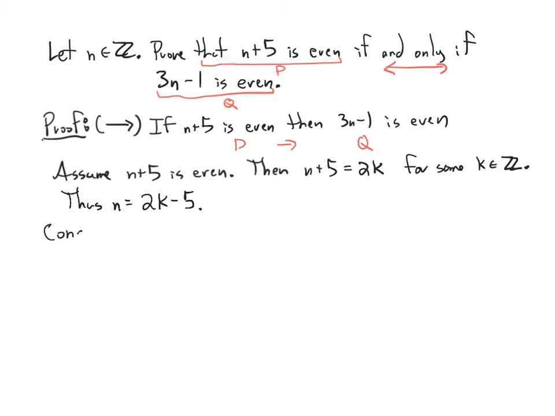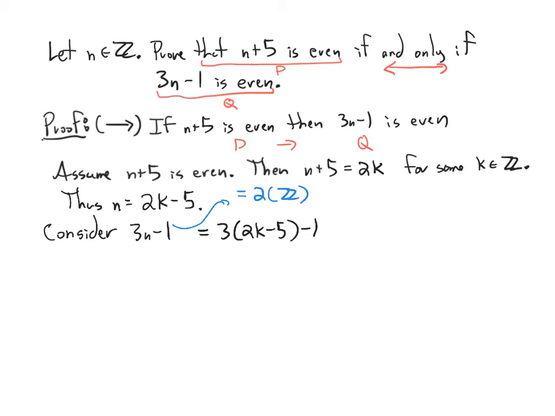So let's consider the then part, 3n minus 1. We want to show that this is even, so it equals 2 times some integer. That's our goal here. So this equals 3 times n, and we said n was 2k minus 5, minus 1.